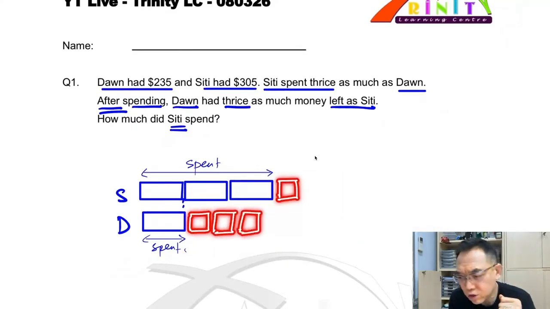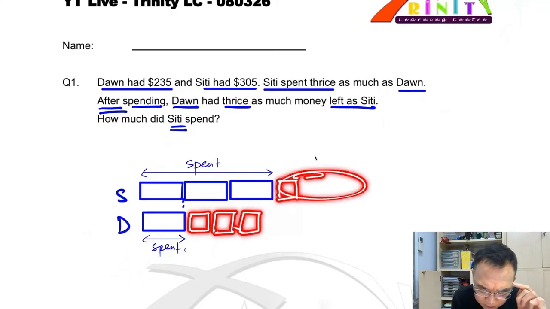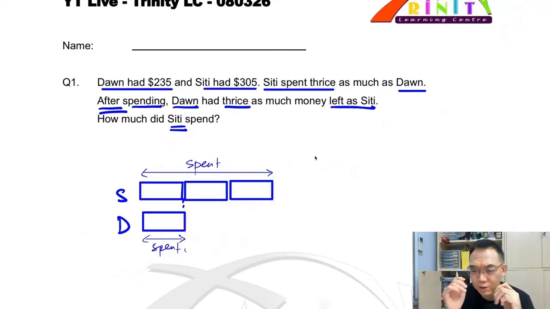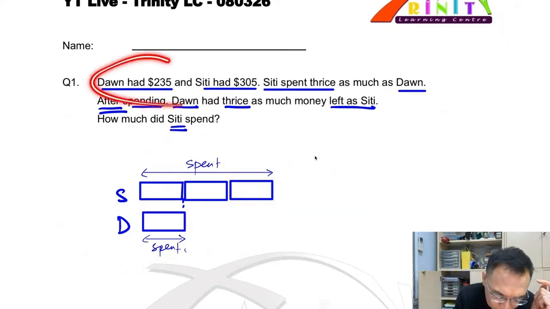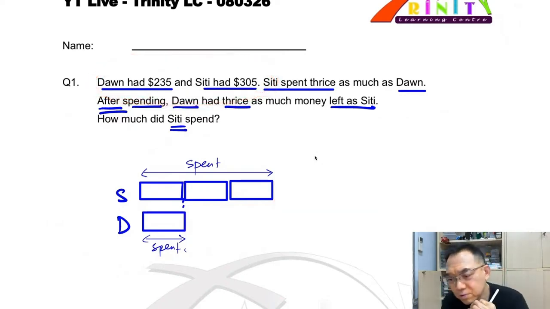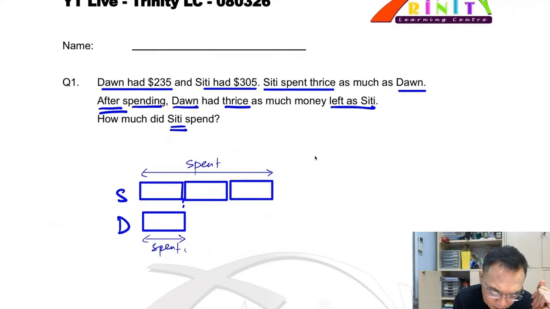The first one, where the box of 1 unit is bigger, or when the 1 unit is smaller? Which one will work for the numbers in the model? Correct, smaller. Exactly. Because if it's bigger, then Dawn will end up with more than Siti.